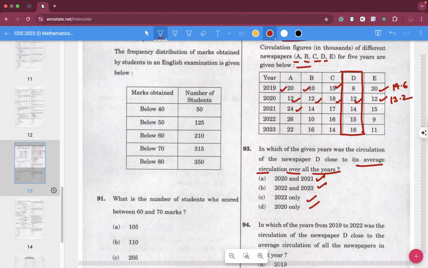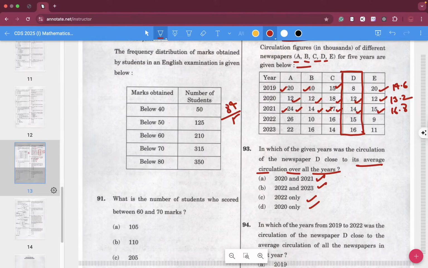Now let's calculate the average for 2021. 14 into 5 is 70, 70 plus 10 is 80, 83, and 84 by 5 is 16.8.